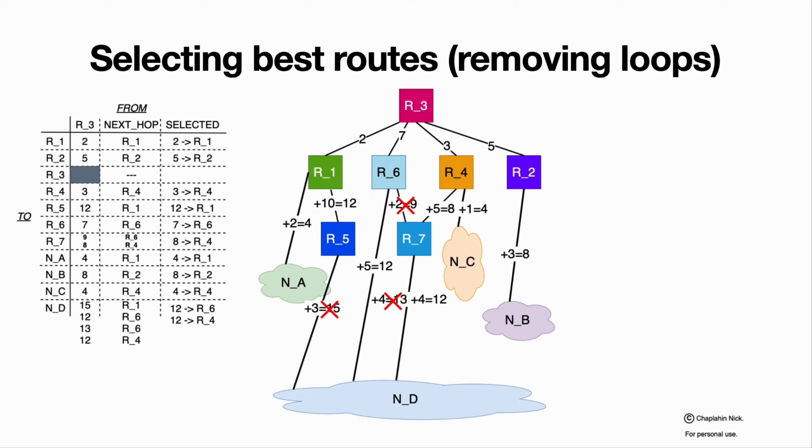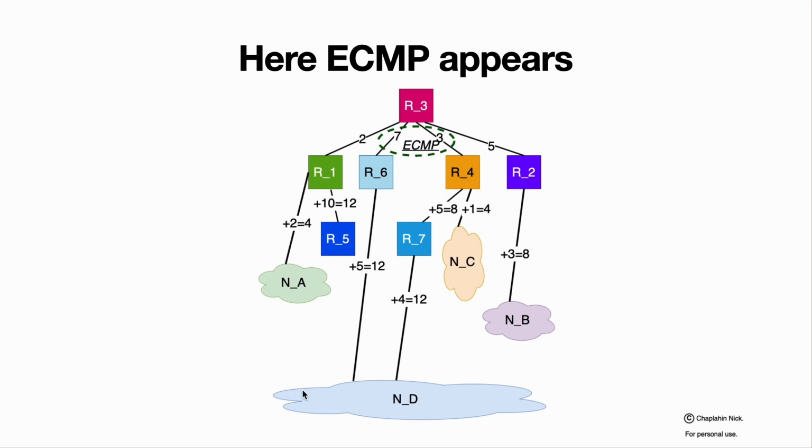All those are presented here, and calculation displays that we have two minimum values with different next hops in those. Graphically, we can present it like that. We are removing all interconnections that are not part of any best route from R3 to any other entity in our topology, and we receive the following graphical representation of appearance of the ECMP group here.